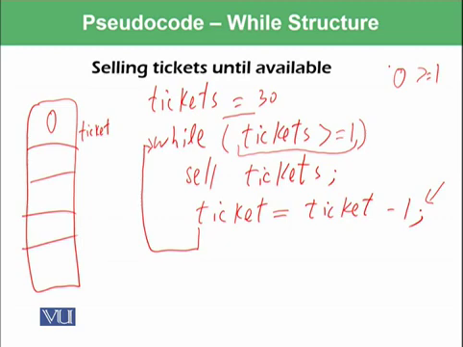Here the condition terminates, and whenever the condition terminates, the loop goes outside of its body. This while structure has only two statements, and whenever its condition is false, the while structure comes out of the repetition.